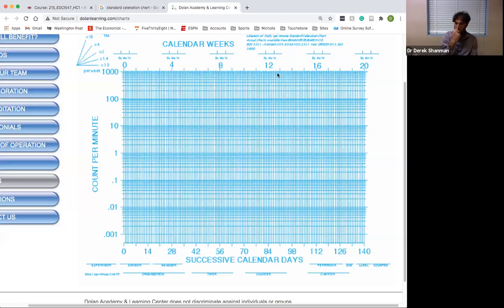Count is not sufficient by itself because it provides for too much variability, and time is not sufficient by itself because it doesn't account for count, right? But when you put those two together, there is no subjectivity in your analysis.